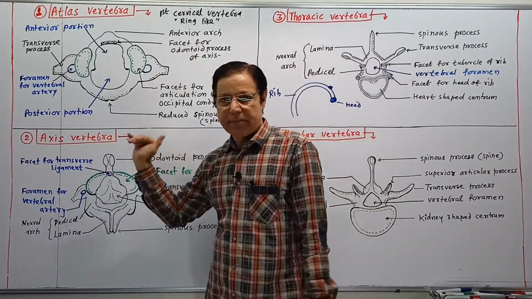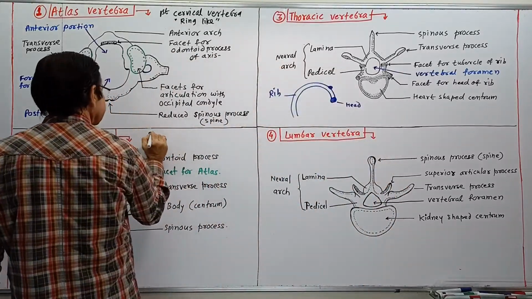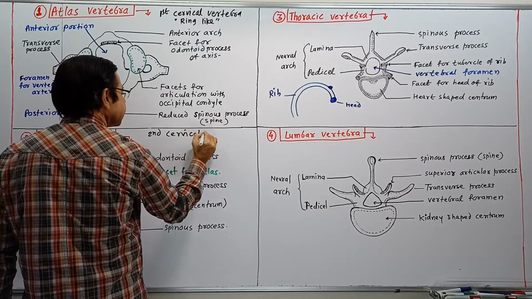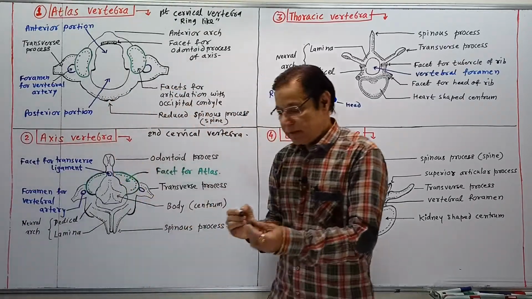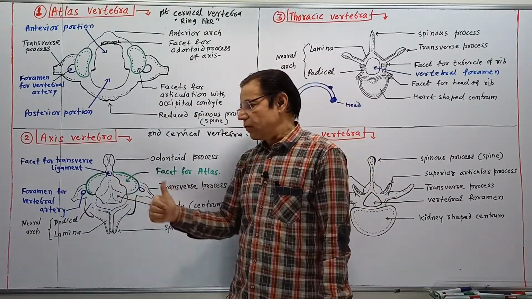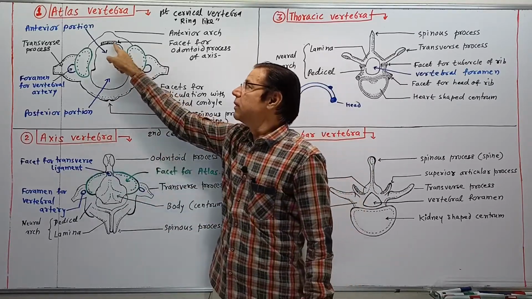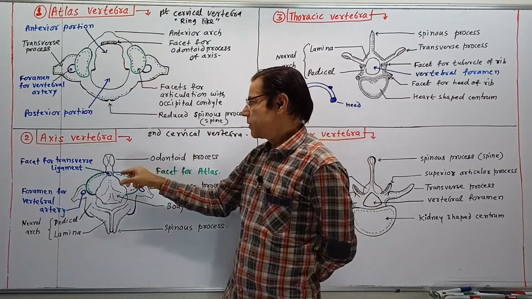Now the second vertebra, it is called the second cervical vertebra, the axis, and it has a unique process, a tooth-like process, which is directed upwardly towards the atlas and fits into the facet of the atlas. Okay, odontoid process.